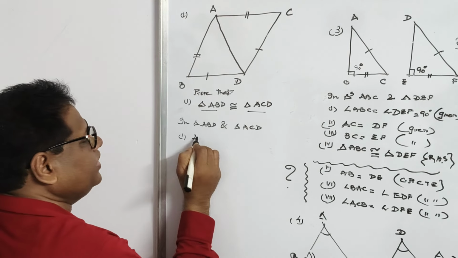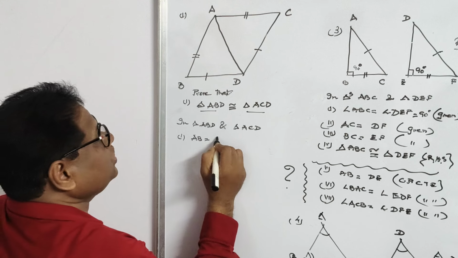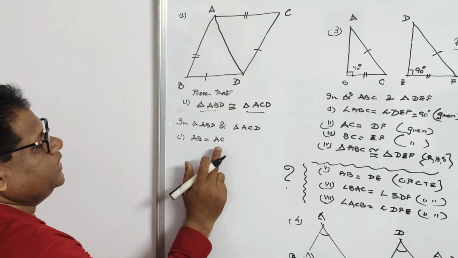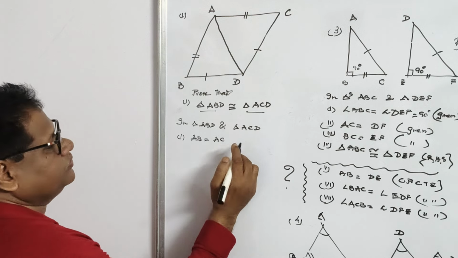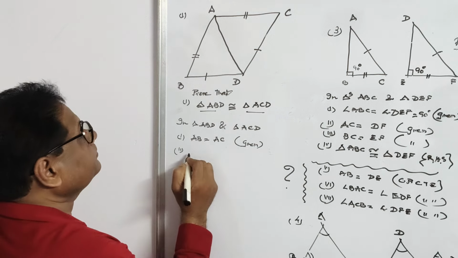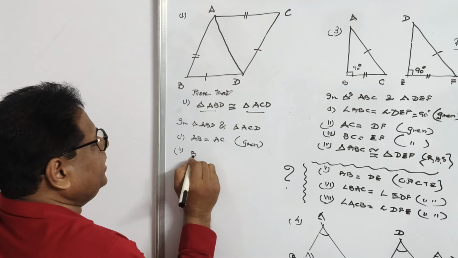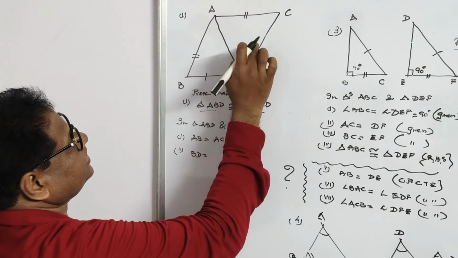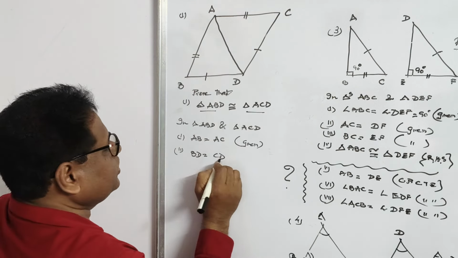AB represents triangle ABD, AC represents triangle ACD. This is given. Second, BD equals, follow the single notation here, CD. This is also given.